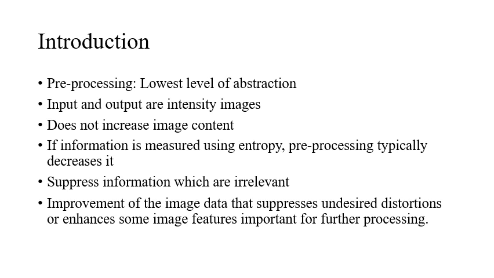So it's not simply reducing; depending on the operation, it reduces the irrelevant information, any undesired distortions. That is why we need to go for image pre-processing. That is the aim: to suppress the undesired distortions and enhance some image features that are needed for further processing.